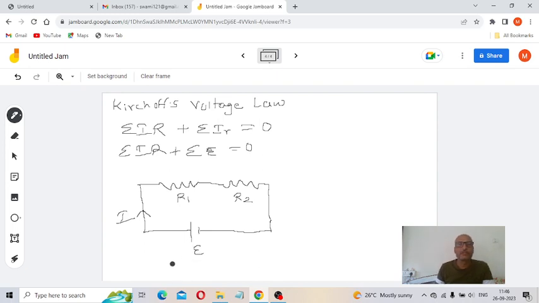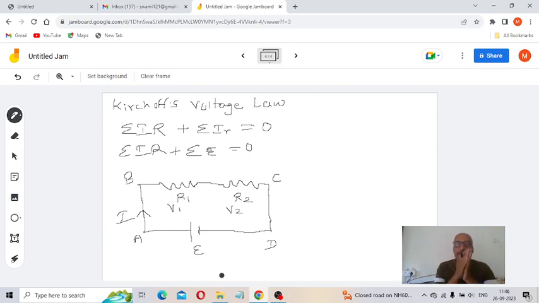This is the potential difference or the source, the electromotive force. I will name this circuit as per convenience. Now we will go along the direction of the current.